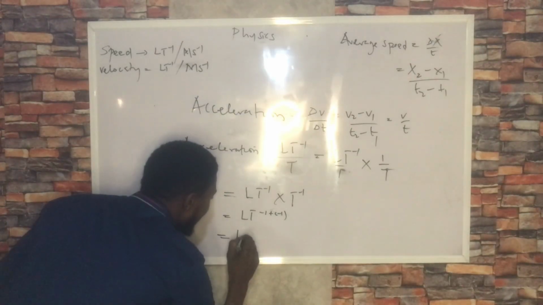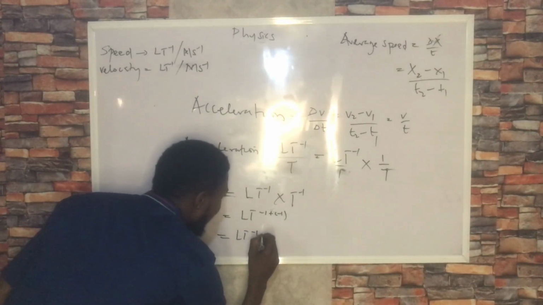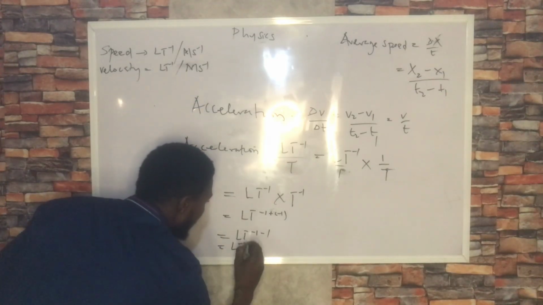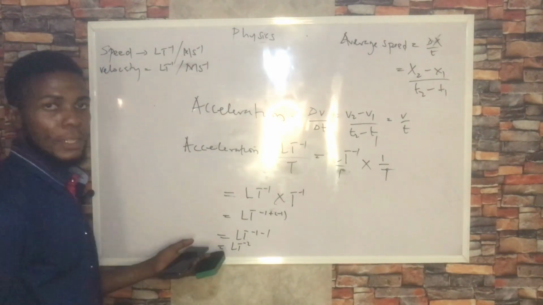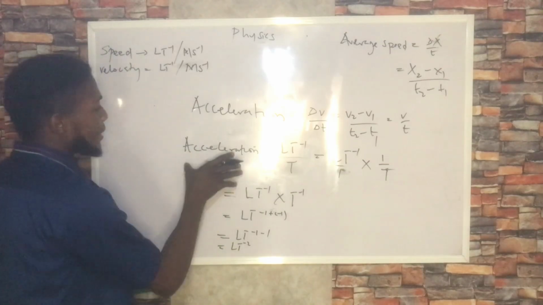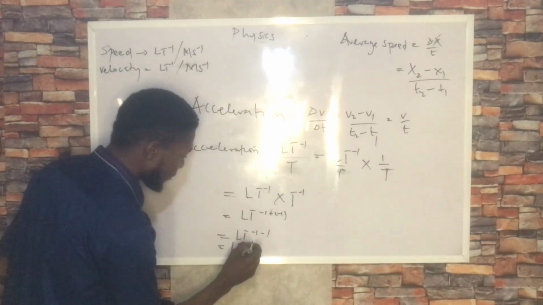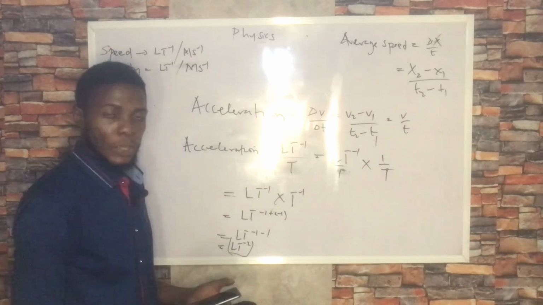And in that sense, it will be LT raised to power minus 1 minus 1, and that is LT raised to power minus 2. That is what you get for your acceleration. You are getting it now.